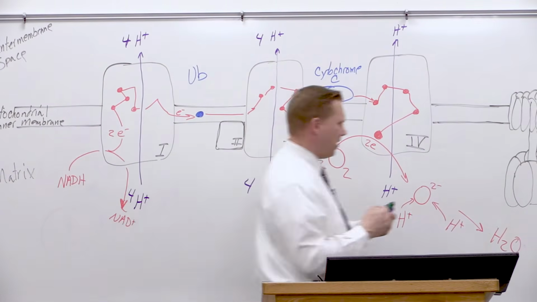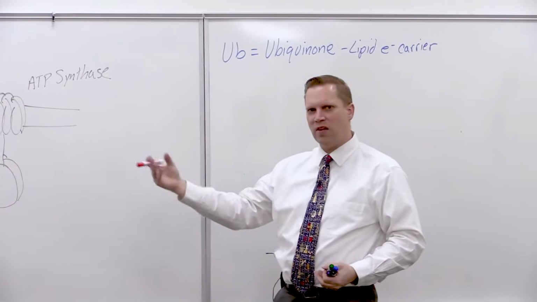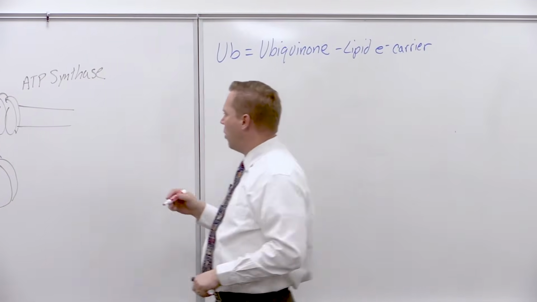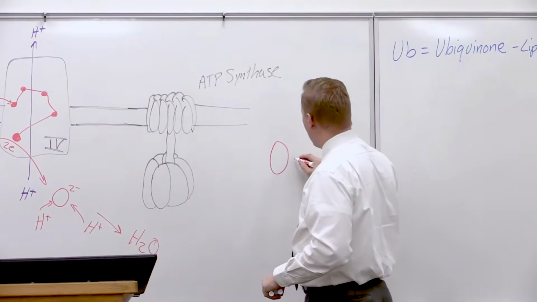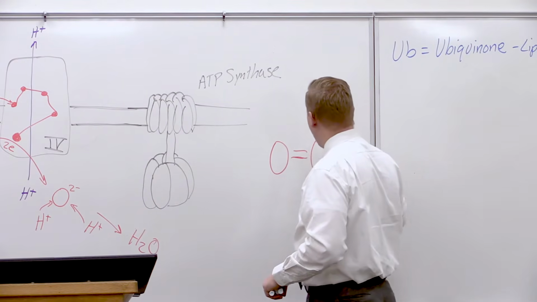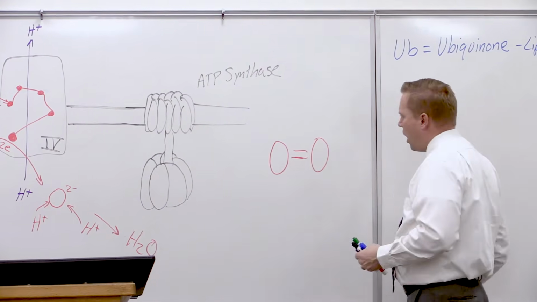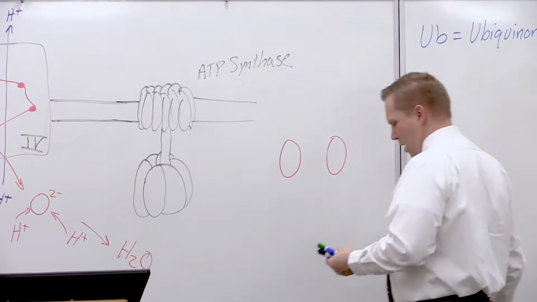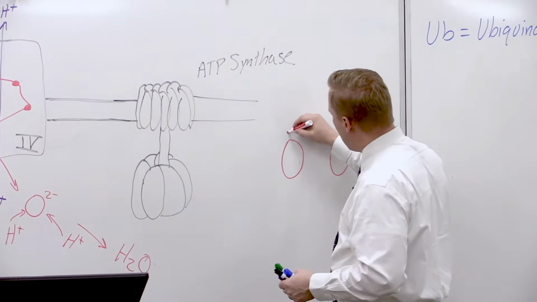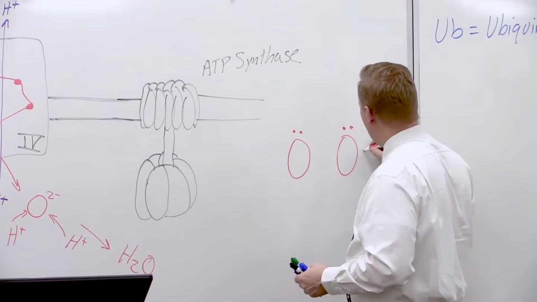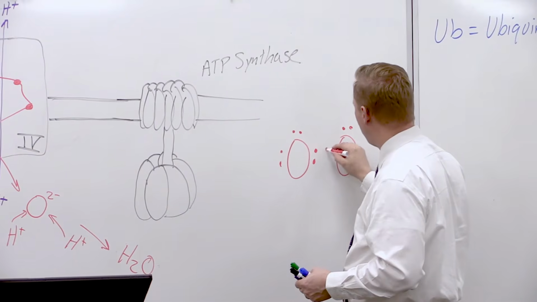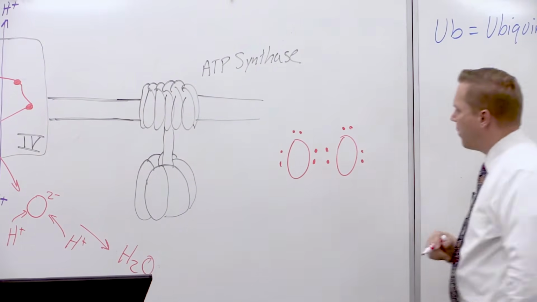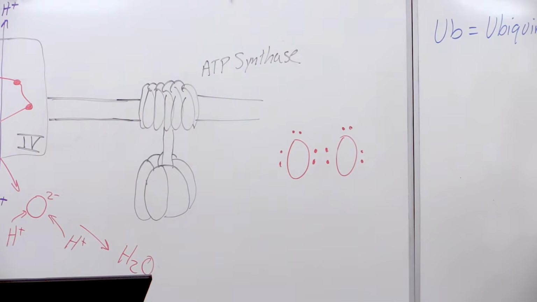And I want to take a second and show you a little bit about how this works and how oxygen is able to absorb or attract those electrons. So a molecule of oxygen has a double bond, looks like this, and I'm going to redraw it as a Lewis diagram. In our Lewis diagram, we would have our 8 electrons, 2 pairs are shared, and so that's the Lewis diagram of molecular oxygen.